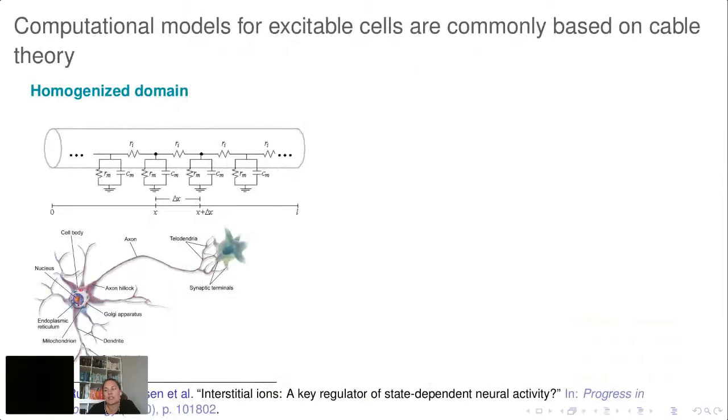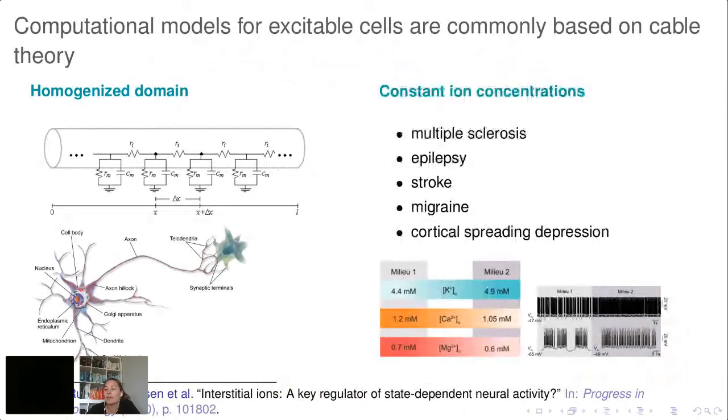However, classical homogenized models are, for example, not able to capture how the morphology of the neuron or the extracellular space affect dynamics, or represent local variations in ion channel distributions. Cable theory, at least in its standard form, also assumes constant ion concentrations.